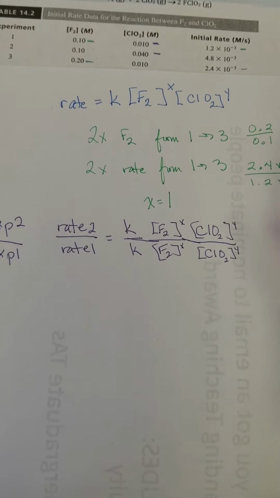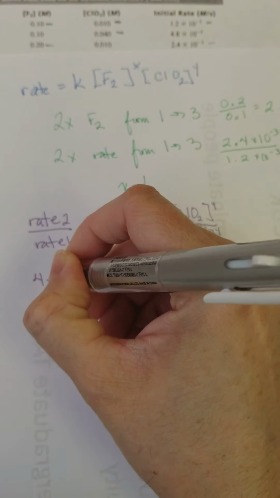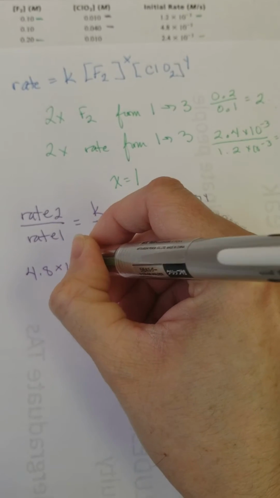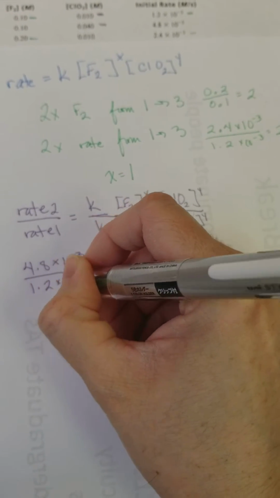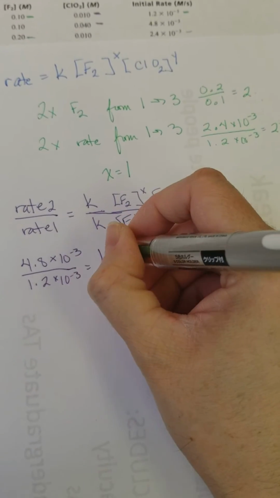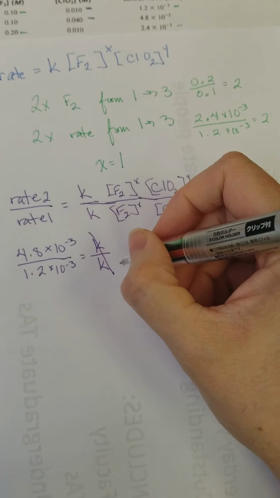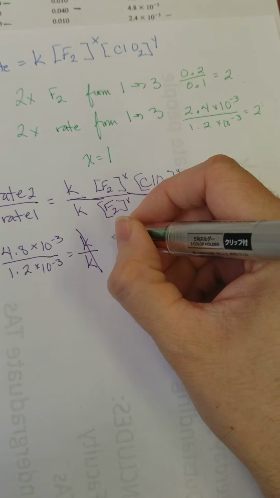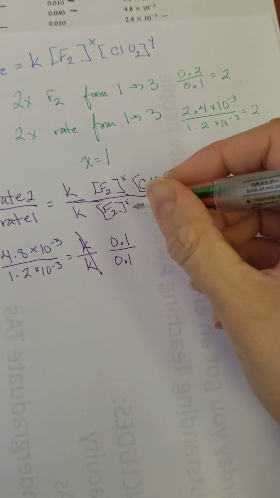So now I get to plug in numbers. My rate 2 is 4.8 times 10 to the negative 3 divided by 1.2 times 10 to the negative 3, which is equal to k. We still don't have a value for that. These are going to cancel because it's just a constant over a constant. Then I have my 0.1 divided by my 0.1.